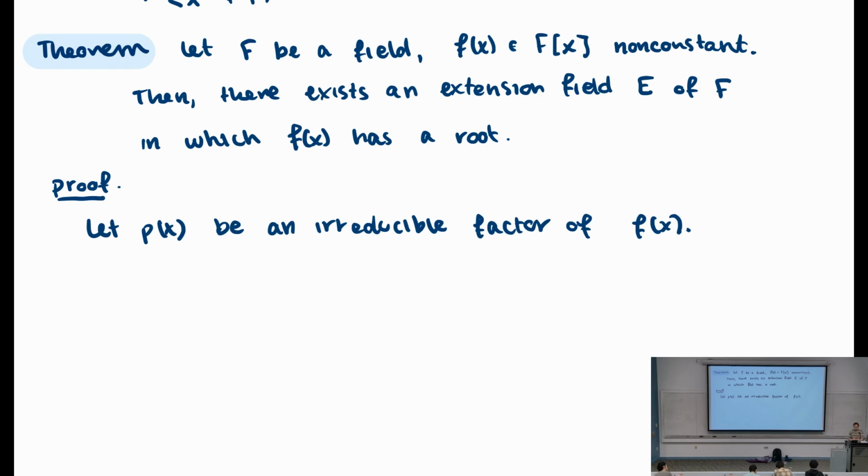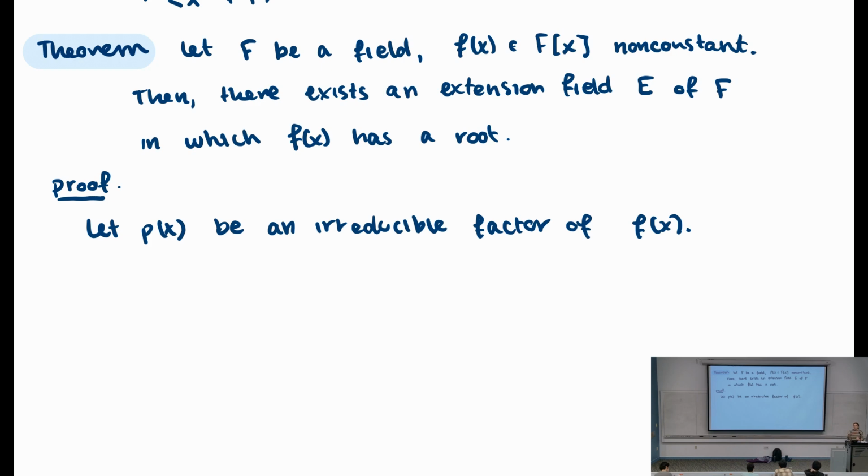So maybe I'll say a few sentences. Let's say f is reducible and we factor it. Then it factors into two polynomials of lower degree. If those are reducible as well, factor them again, and just keep doing this.